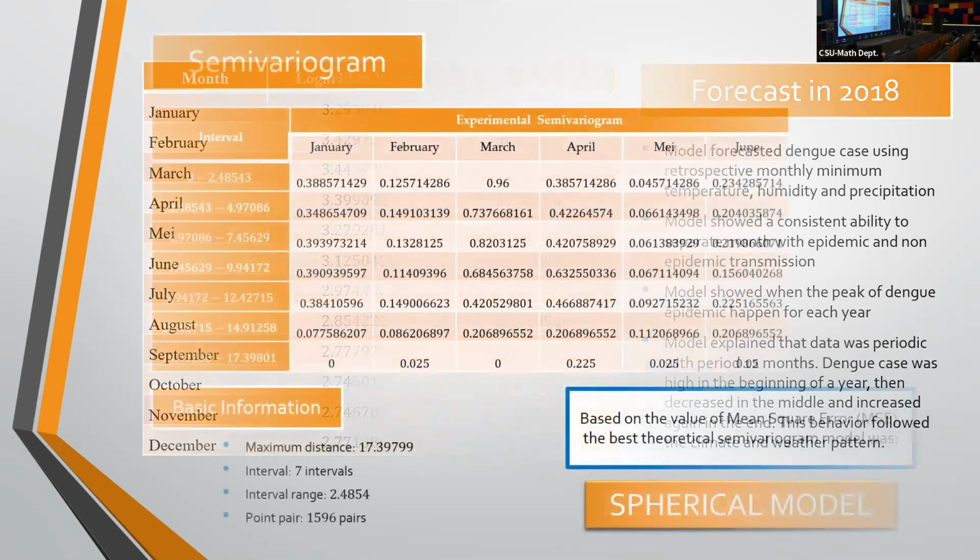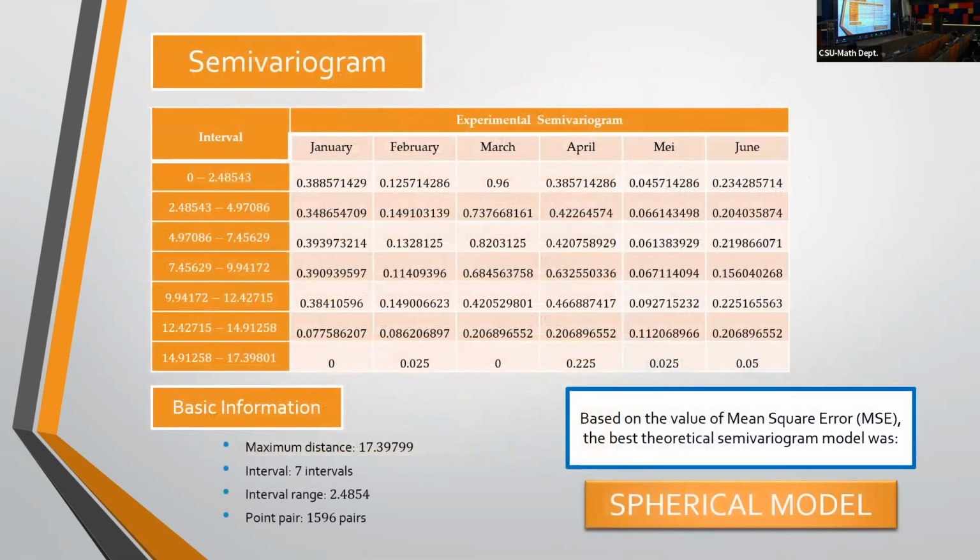And how about the spatial transmission? We have the result for the semivariogram using the spherical model, and based on the value of mean square error, we chose the spherical model as the best theoretical model. So this is the interval and also the result of the experimental semi-variogram.